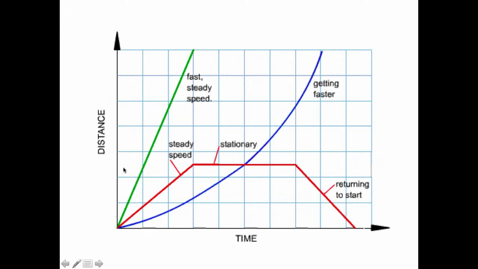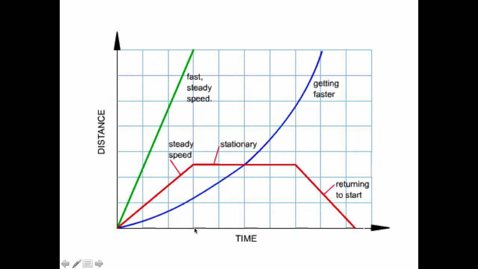Okay? So I want you to look at the green line. If this is a speed graph, what can you tell me about the speed of this object? Well, first off, you can tell me that it is very, very fast because look how vertical it is. I mean, we covered a distance of 1, 2, 3, 4, 5, 6, 7 lines in about 3 seconds if we wanted to make each line a second.